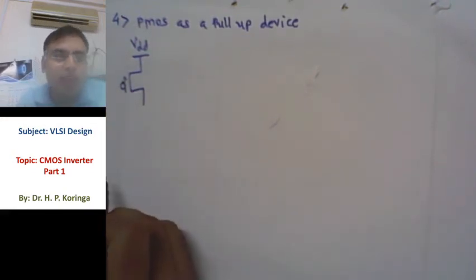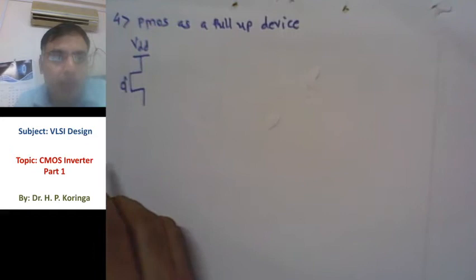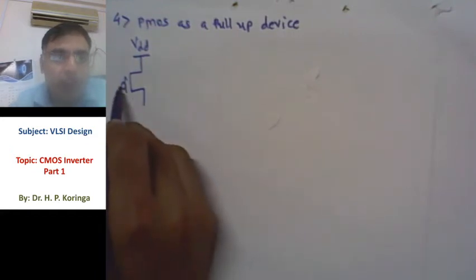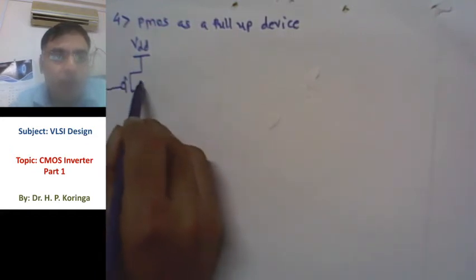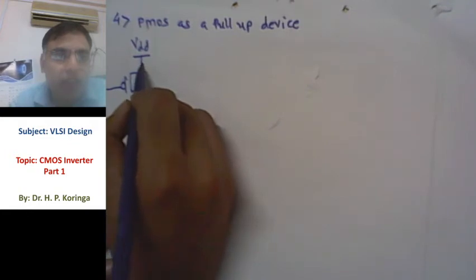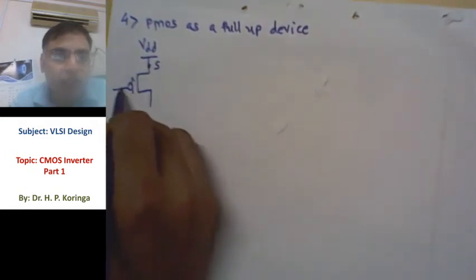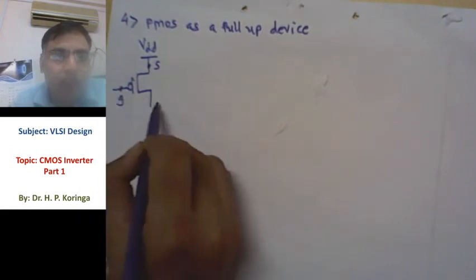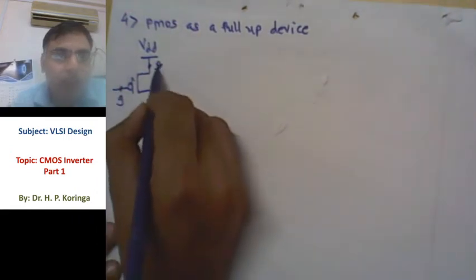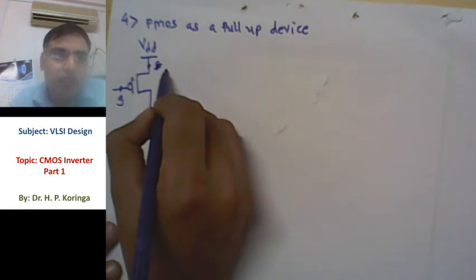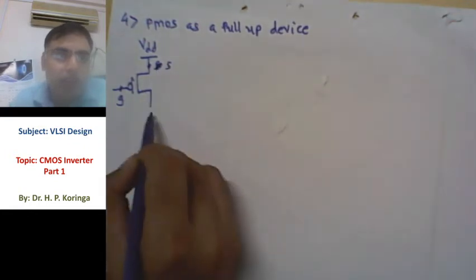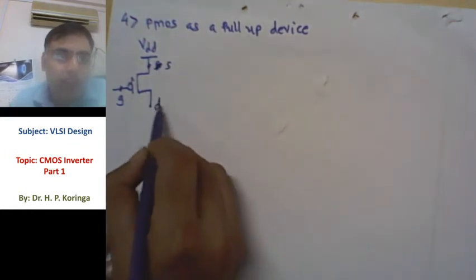So this is the three terminal symbol of a PMOS. This is the gate terminal, here it is the source terminal, and the bulk terminal is connected to source. This is the source terminal, and here we have the drain terminal.